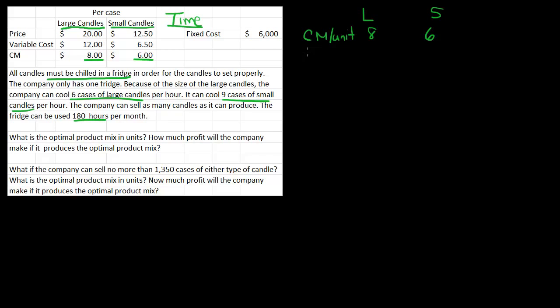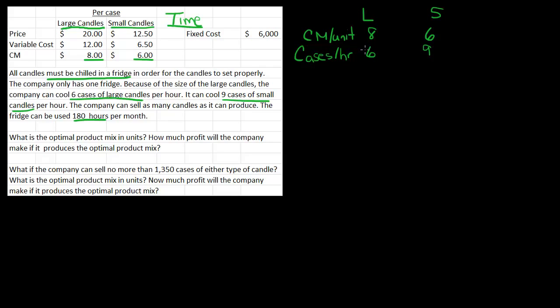How many cases of candles can I make per hour? Well, I can make 6 cases of large or 9 cases of small. Remember, I can't do both. I can only do one or the other.